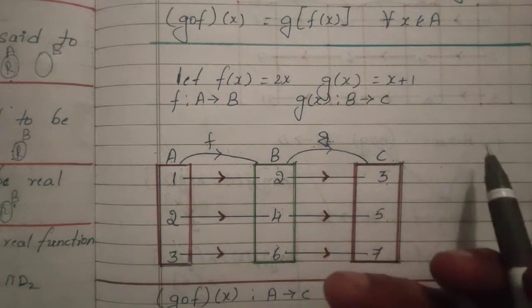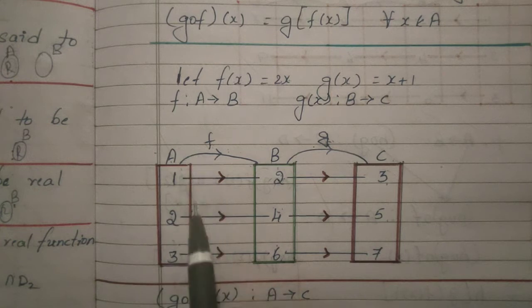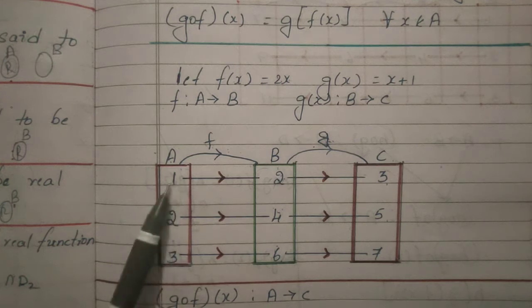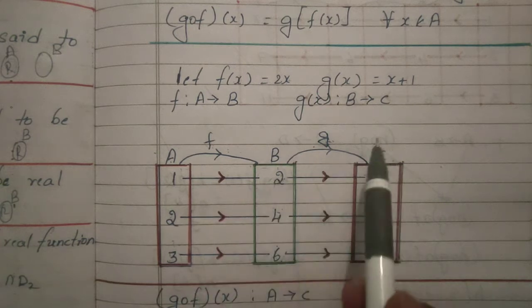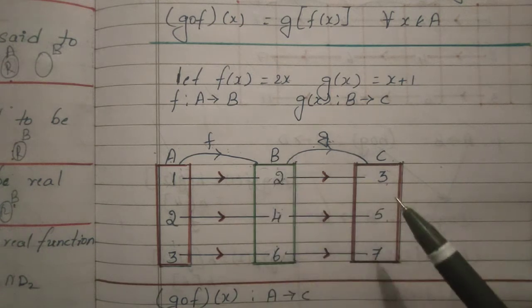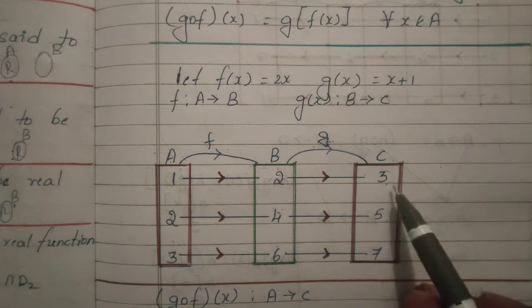A simple way to see it: one machine is there, you give some input, and some output comes from that machine. Again this goes to another machine, which also produces something.